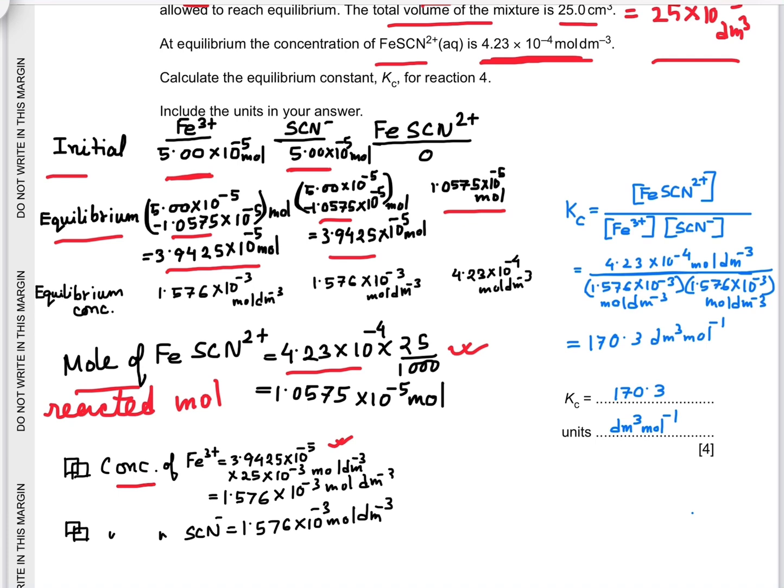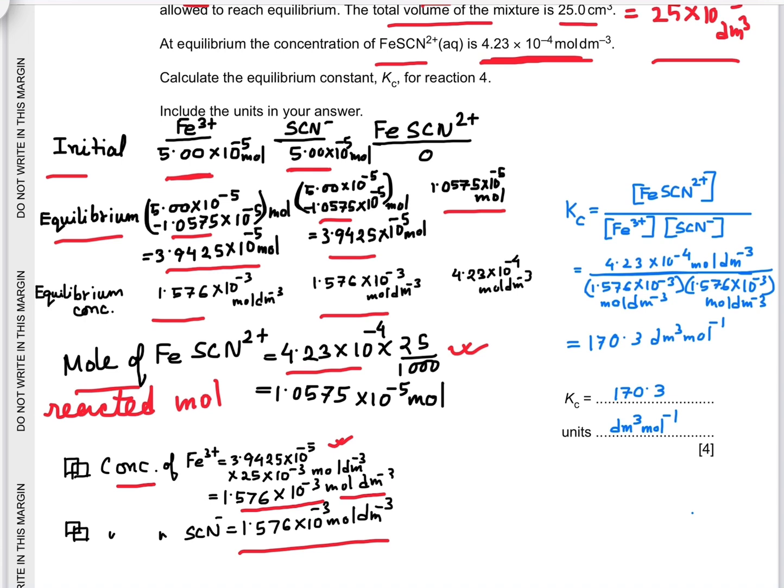From there we get 1.576 × 10^-3 mole per decimeter cube. And the concentration of thiocyanate ion will be exactly the same. So, the equilibrium concentration for ferric ion and thiocyanate is 1.576 × 10^-3 mole per decimeter cube.